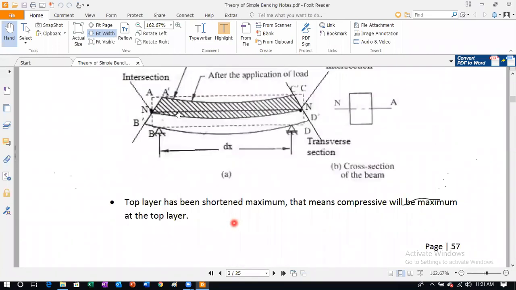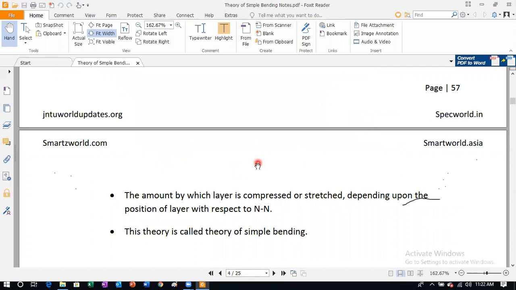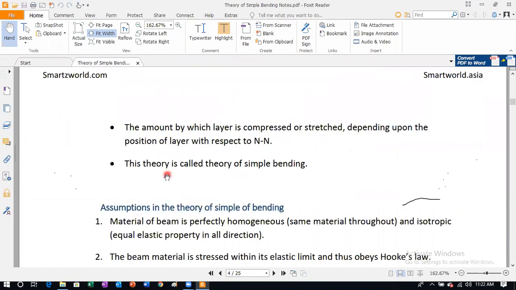Now we can easily conclude the top layer has been shortened maximum and the lower layer has been expanded maximum. So there is maximum compression at the upper side of the neutral axis at the topmost fiber, and the lowermost fiber will have maximum tension. This theory is called simple bending.